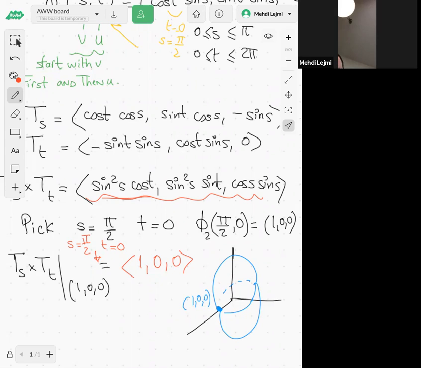So if you now draw the vector 1, 0, 0 starting from the point 1, 0, 0, here is my vector. Again, this is supposed to be the x-axis here, y, and here's z. So that's the vector 1, 0, 0.